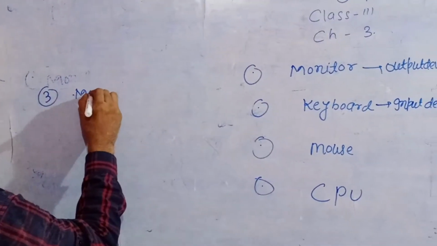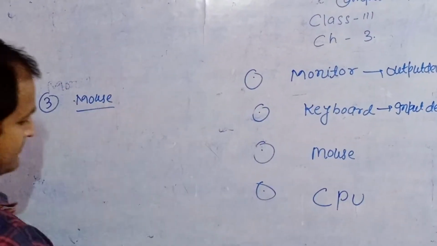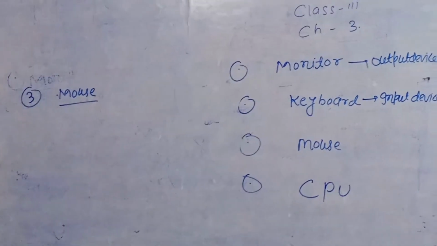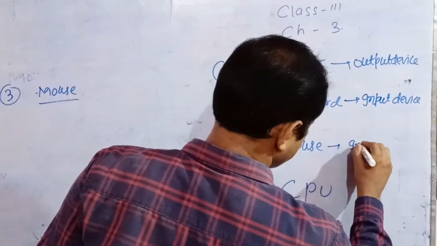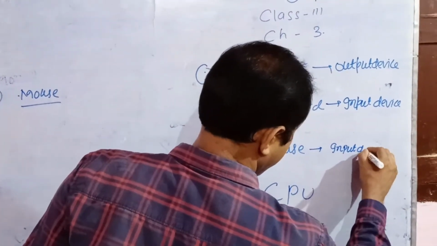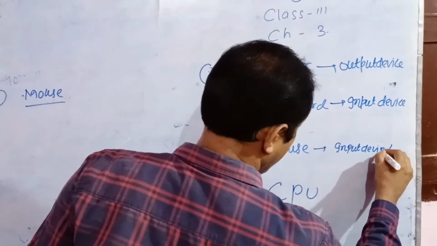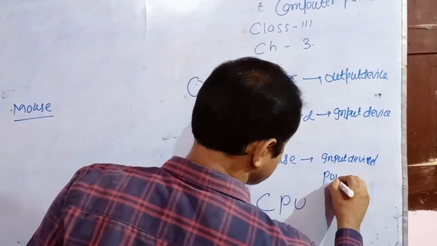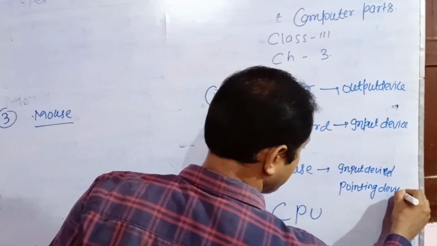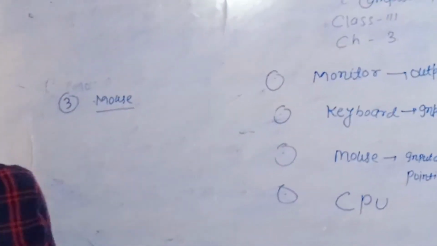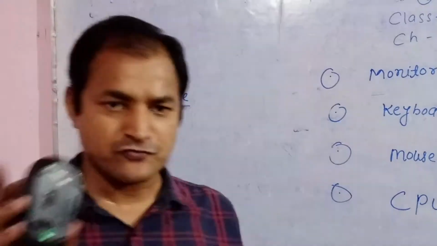Third point, mouse. Mouse is an input device and pointing device. Both answers are right. This is the mouse.